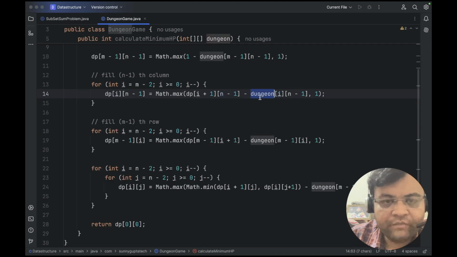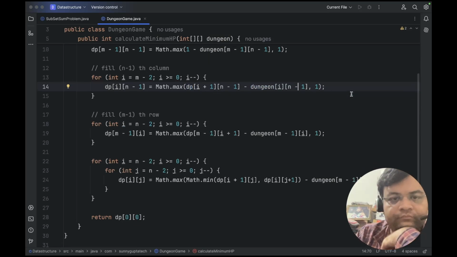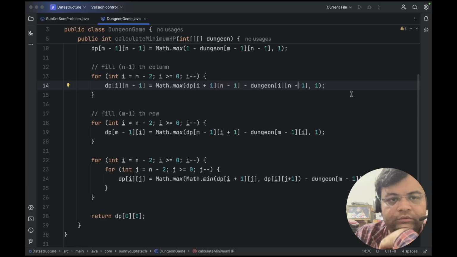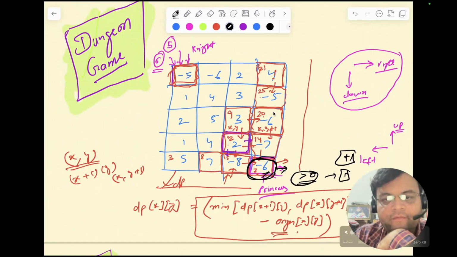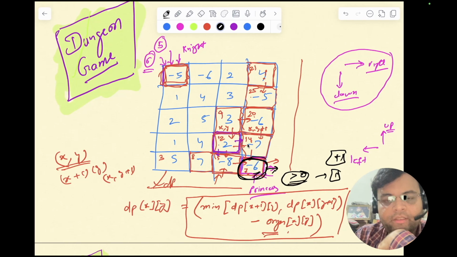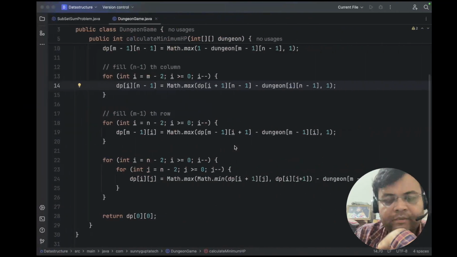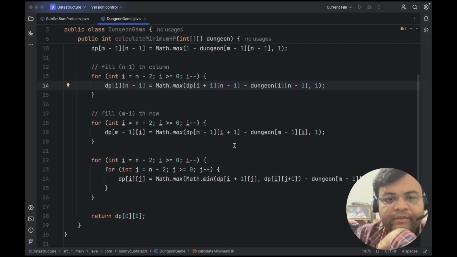Dungeon should be same, and DP should be the next row I need to check. So for example, if I'm filling this, I need to check here. If I'm filling this, I need to check here. Next row I'm checking. Similarly, next column I'm checking right here.